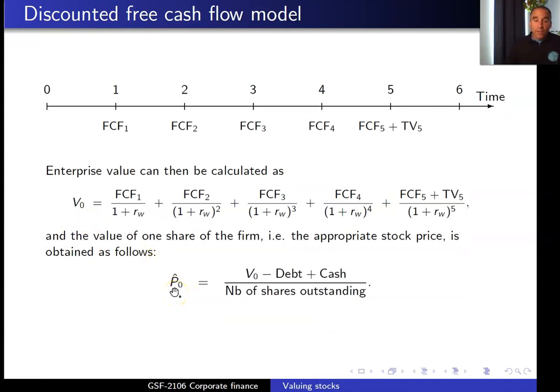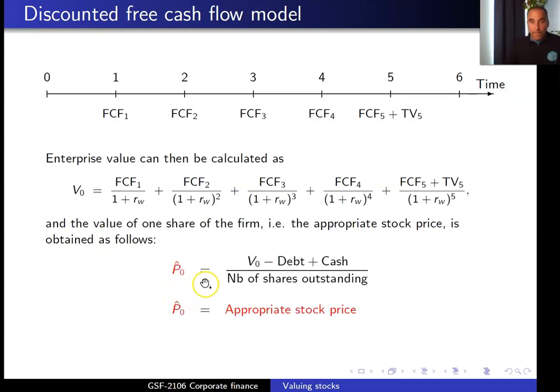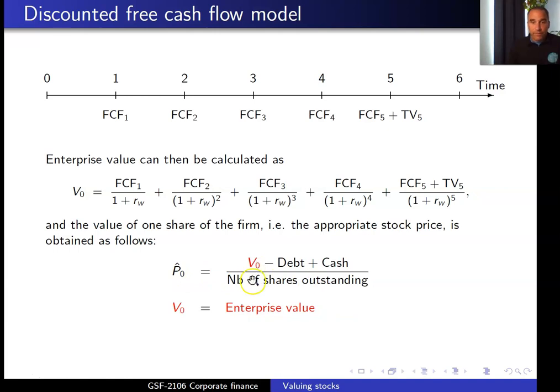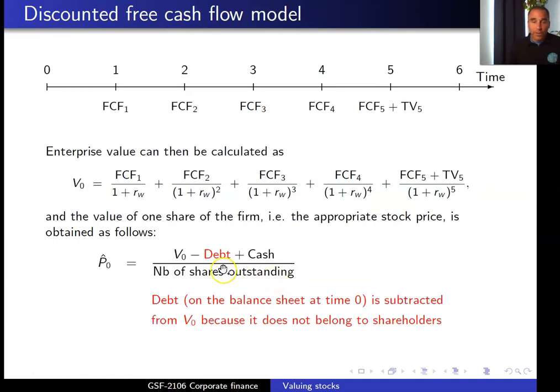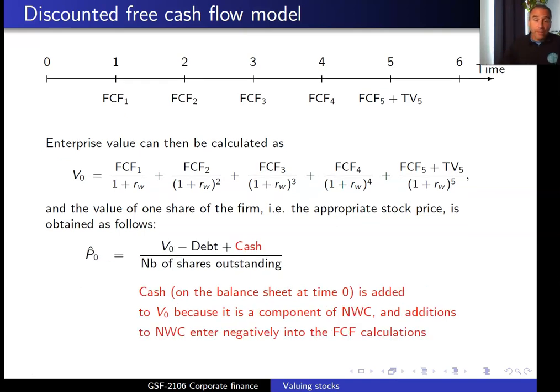Now, the correct price for this company is, so you take enterprise value, you subtract debt, because here we are looking for the appropriate stock price. So we subtract the amount of debt which belongs to debt holders. We add cash, because when we calculated free cash flow in each year, we subtracted the additions to net working capital, and cash is part of net working capital.